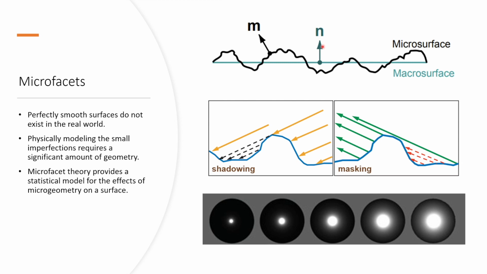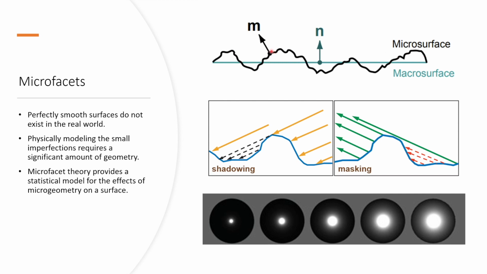So we have two kinds of normals that we are concerned with. We have the macro surface normal, which is denoted as n, which is the actual surface normal of the geometry. And in addition, we have the micro surface normal, which there are multiple of, and we denote it as m.